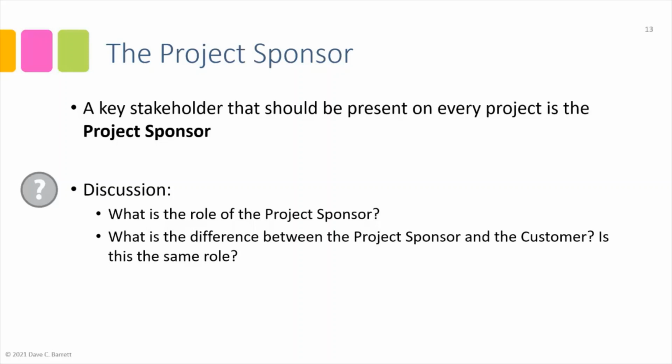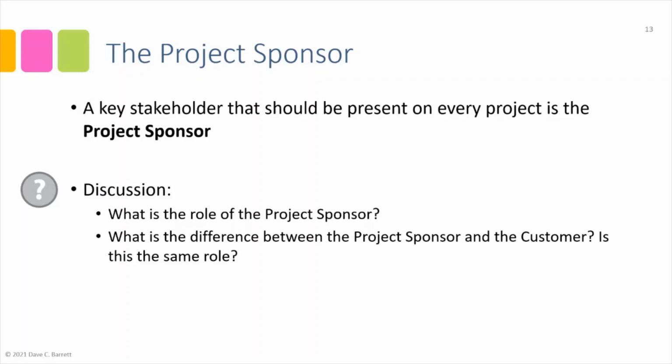Now, there's the role of a project sponsor, and then there's the idea of the customer. And is this the same role? Well, as in many cases, because all projects are different, the answer is it depends. Sometimes the customer, the one who is receiving the results of the project, is also the project sponsor.